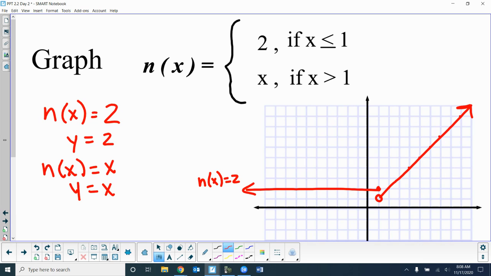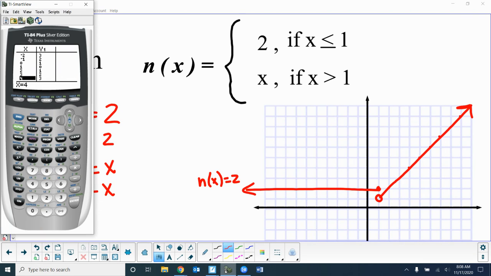Again, if you want to do this, what was it? Y equals 2. We got to clear that. Y equals 2 was this one. And Y equals X was the other one. And then graph. So you'll see both of them.